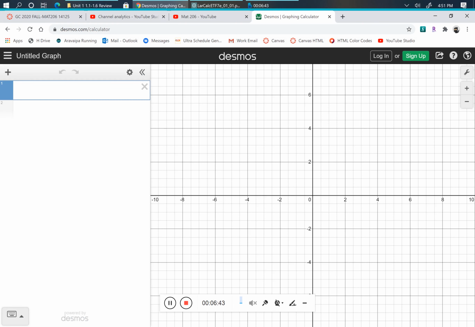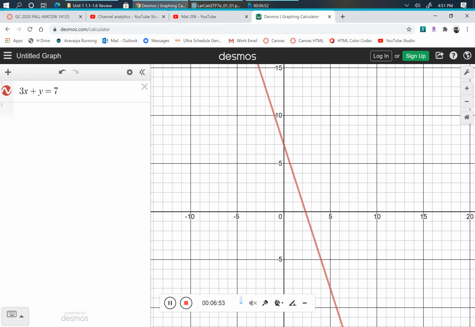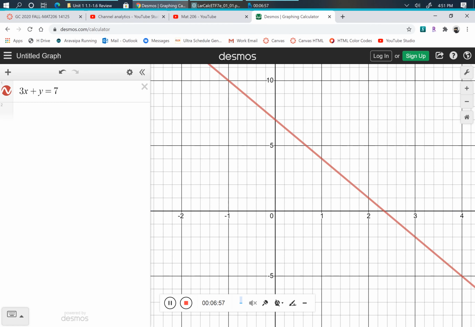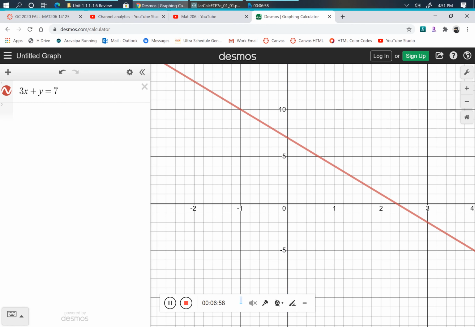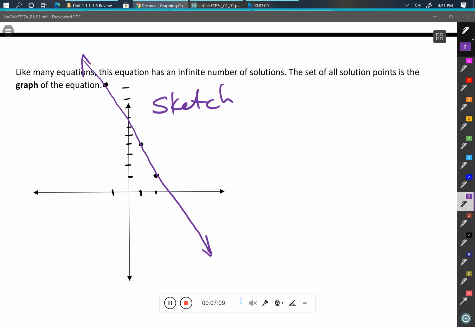My equation was 3x plus y equals 7. And then I could manipulate this and show it however I wanted to get that graph a little better. I could talk about those two values right there, those important points. And this I would refer to as a graph rather than the sketch that I made over here.